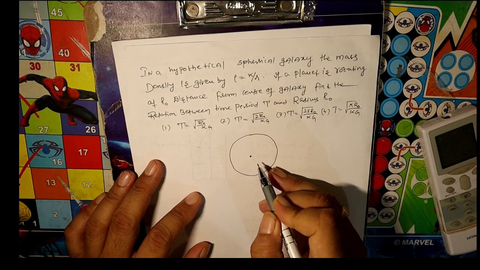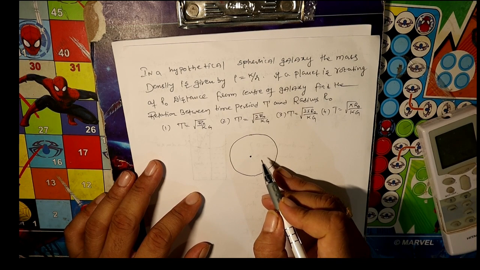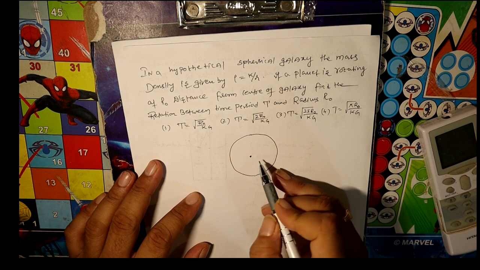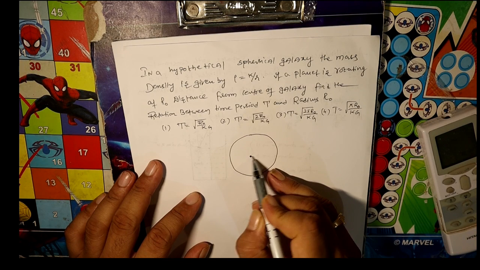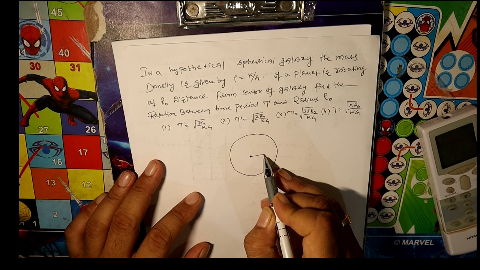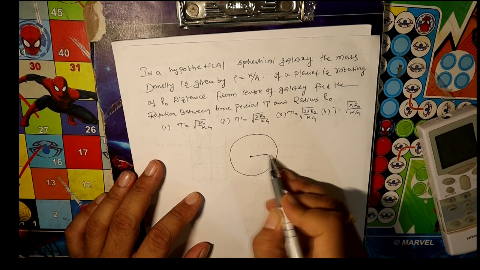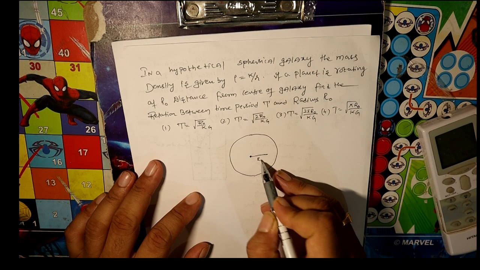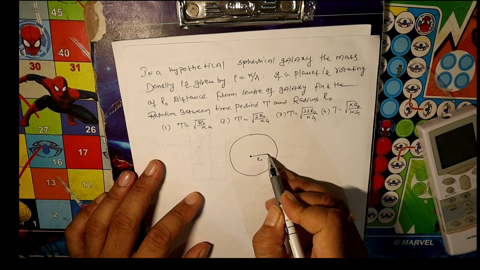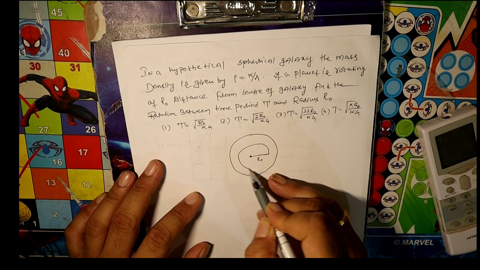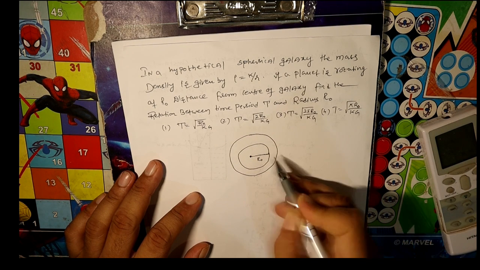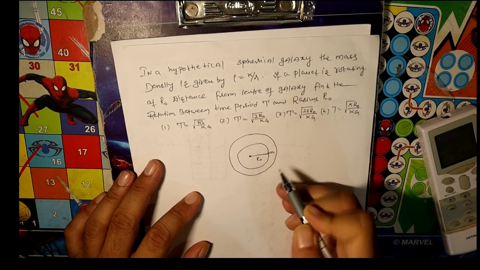This is the center of the galaxy. At a distance r0, a planet of mass m is rotating.